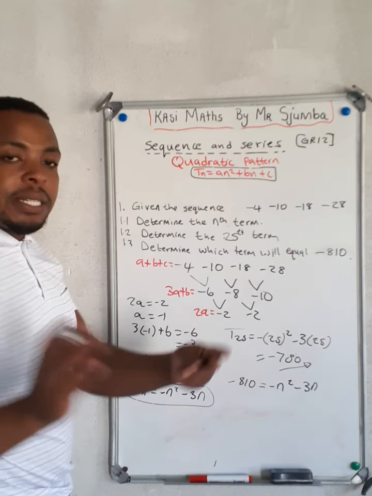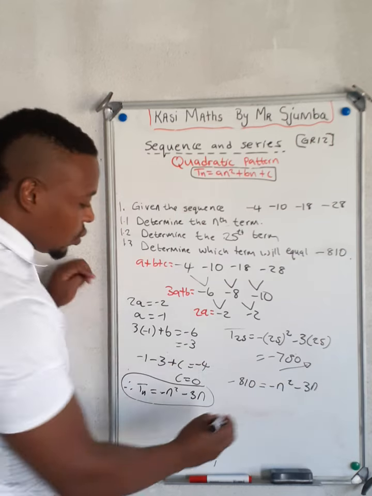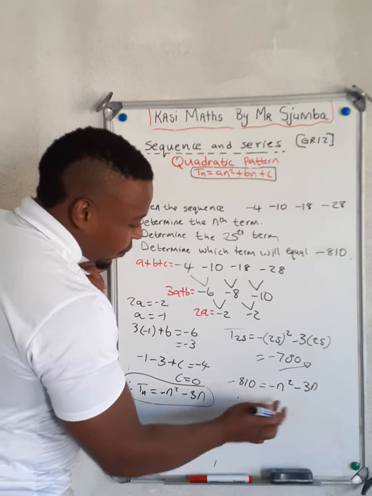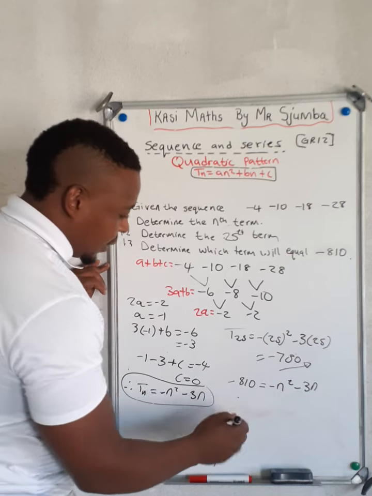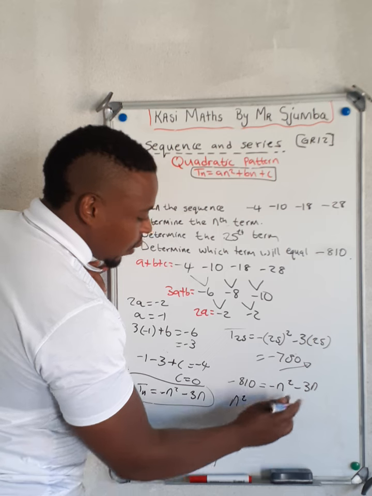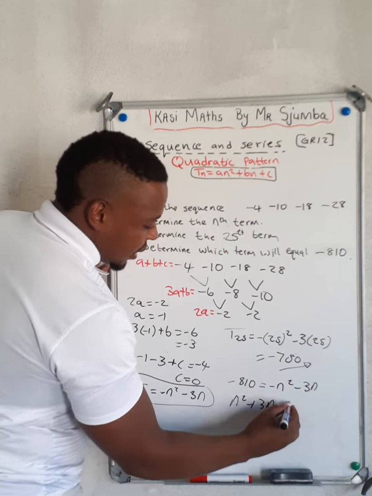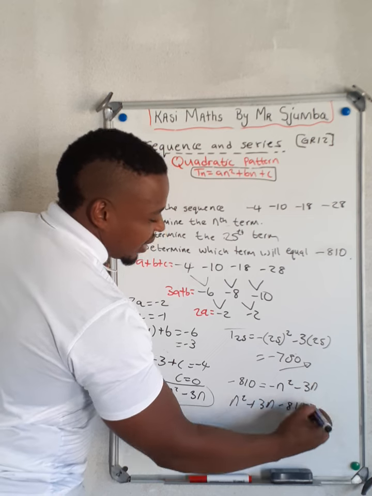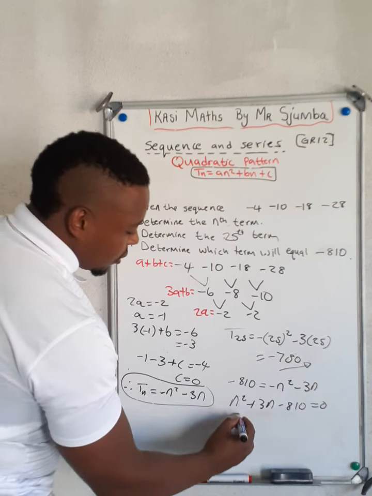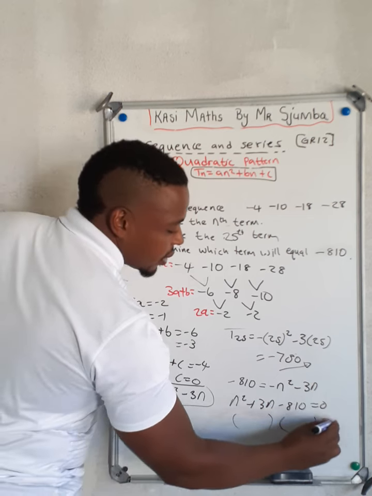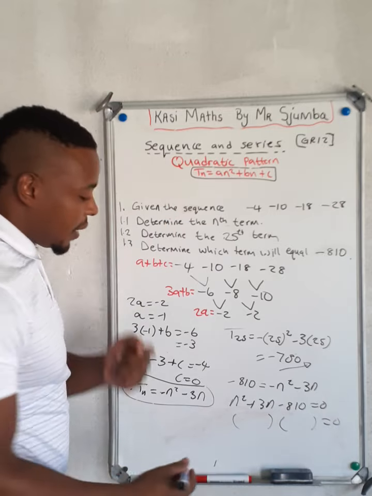So this is quadratic, so everything on one side equated to 0. It's going to be n squared plus 3n minus 810 equals 0. Then we factorize, or we use the quadratic formula to get factors.